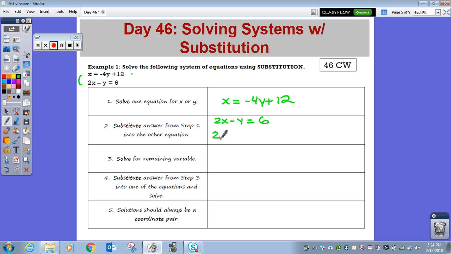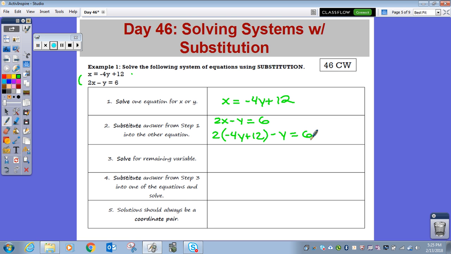Watch what I do: 2 times, and instead of x I plug in negative 4y plus 12, which I know from step 1. Then I finish writing the second equation: minus y equals 6. So we have now substituted the answer for x into the second equation.